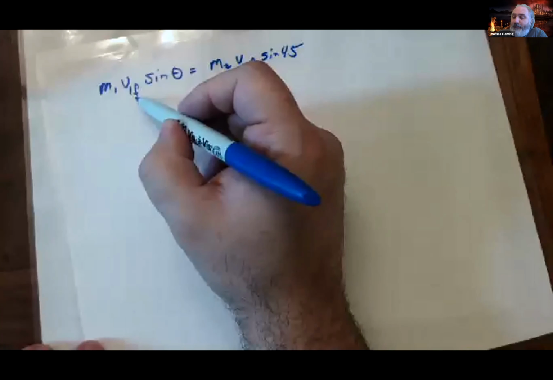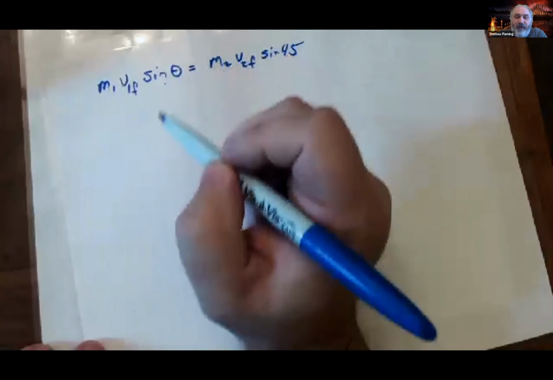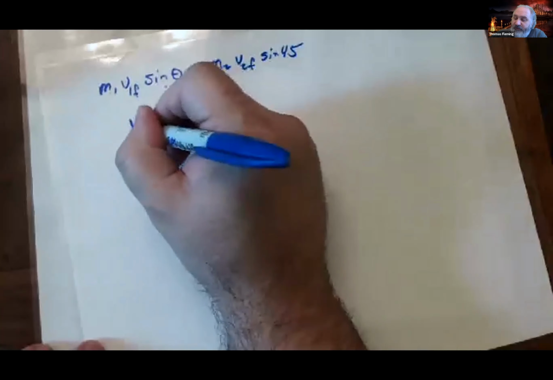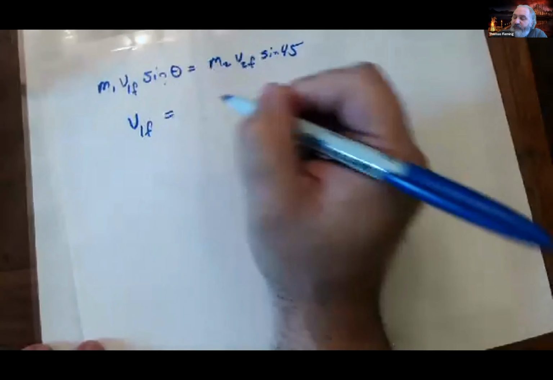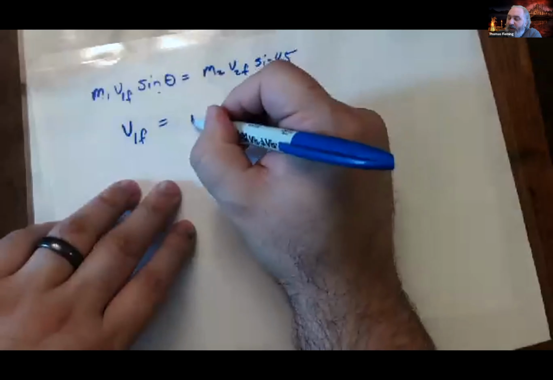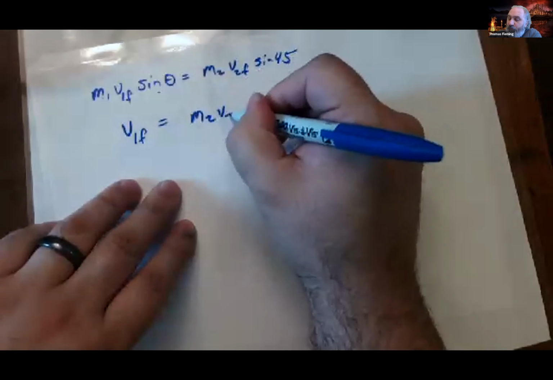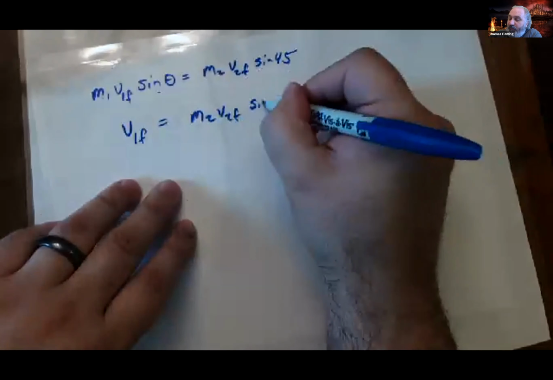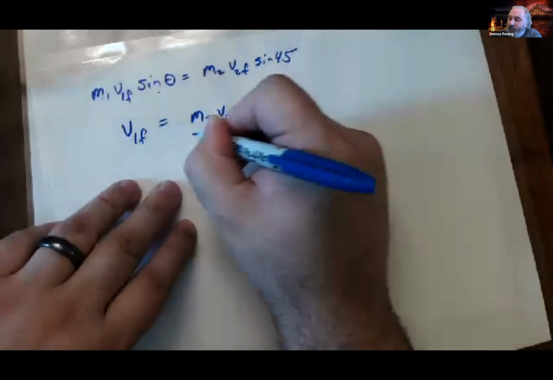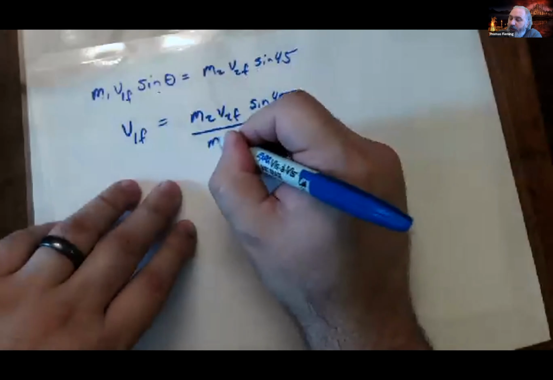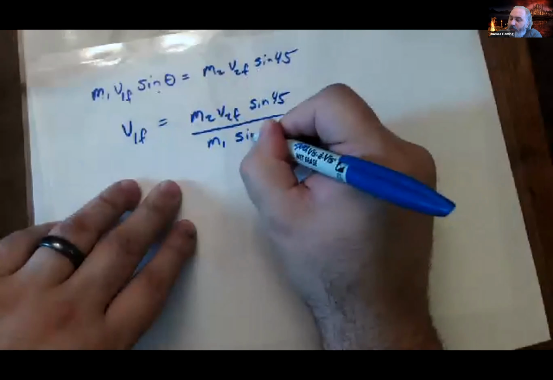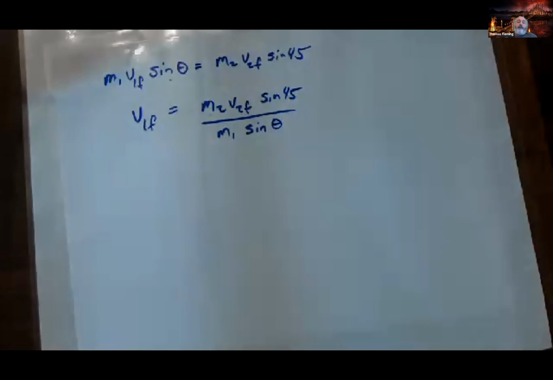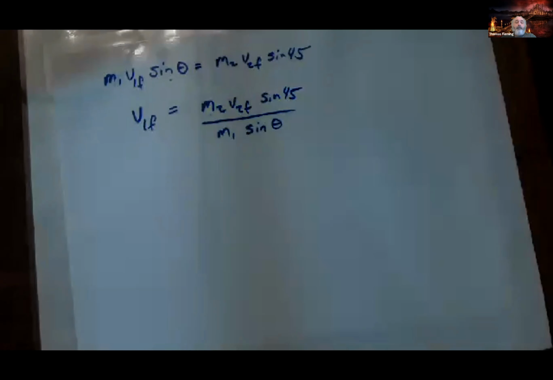Now what I'll do is, to get this by itself, I'll divide both sides by M1 sine theta. That's going to leave V1 final by itself on the left-hand side. And on the right-hand side, I'm going to have M2 V2 final times the sine of 45 all over M1 times the sine of whatever the heck theta is. Piece of cake.